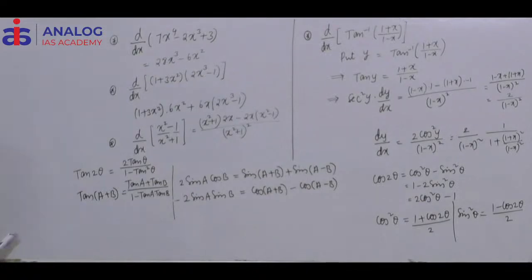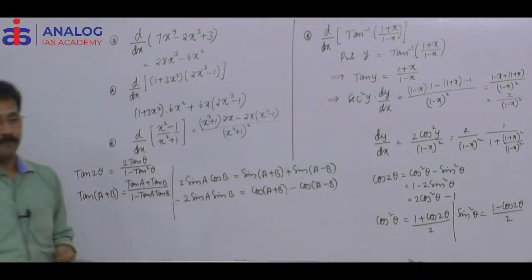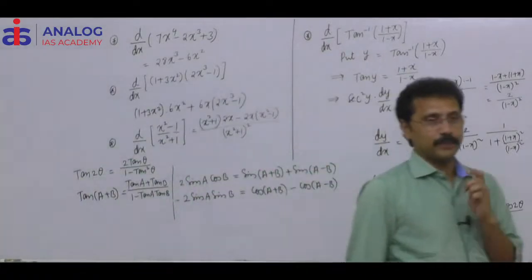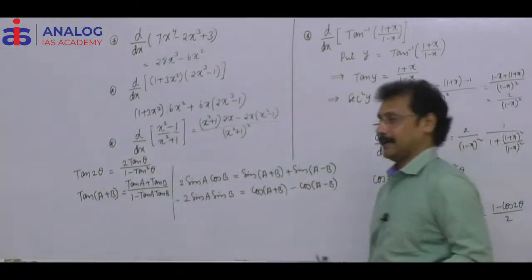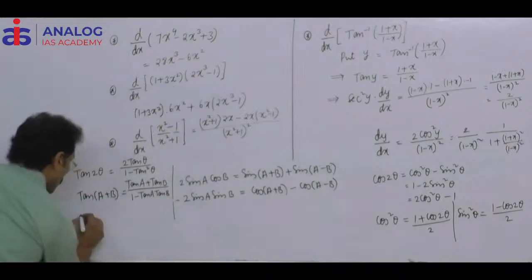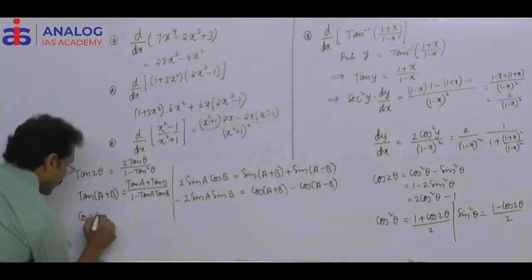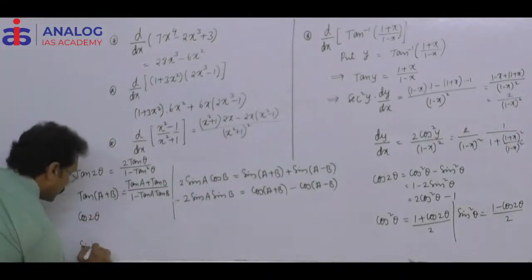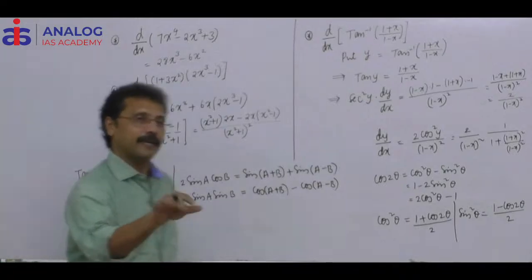Remember this, somewhere we'll get these kinds of things in the final, in some of the questions. Okay, all of this will come somewhere. Okay, tan 2 theta. Now you put this tan 2 theta, or maybe cos 2 theta and sin 2 theta, in terms of tan theta.